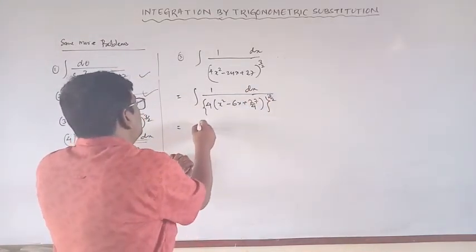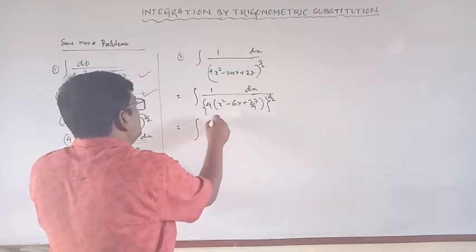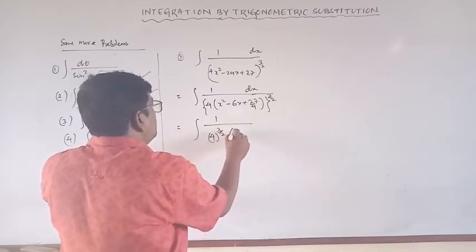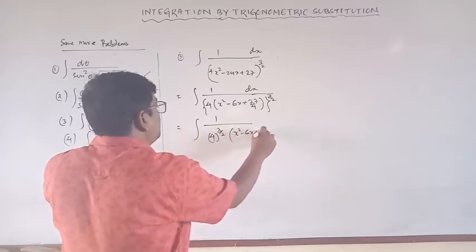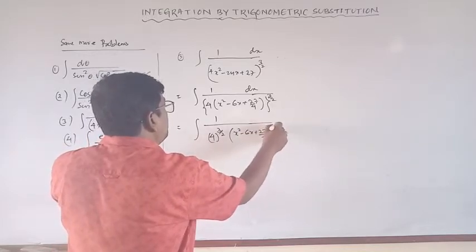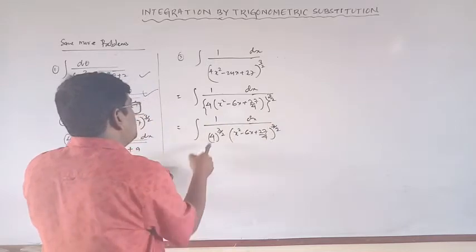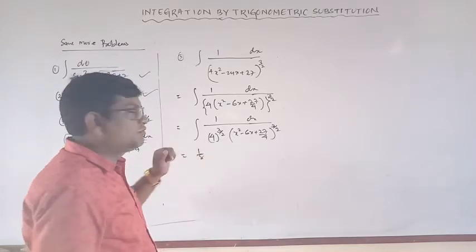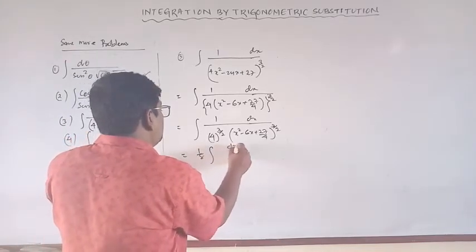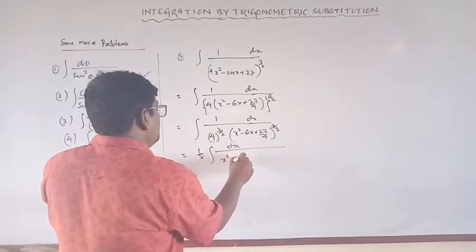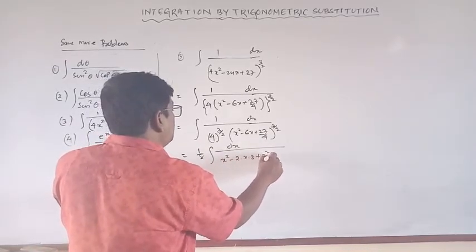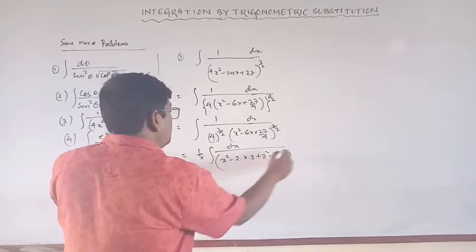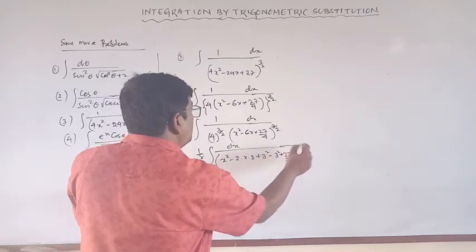So this is equal to 1 by 4 to the power 3 by 2 into x square minus 6x plus 27 by 4 to the power 3 by 2 dx. 4 to the 3 by 2 means 8, so 1 by 8 into dx by x square minus 2 into x into 3 plus 3 square minus 3 square plus 27 by 4, to the power 3 by 2 dx.